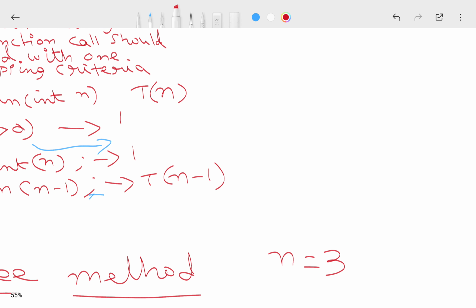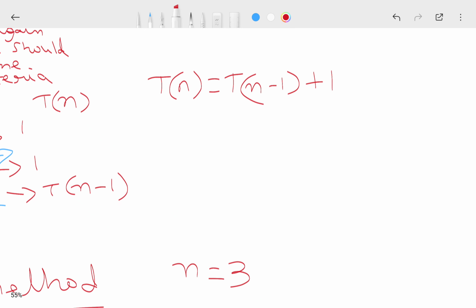So by total, T of n equals T of n minus 1 plus 1. Okay, so this recursive function is true if n value is greater than 0.